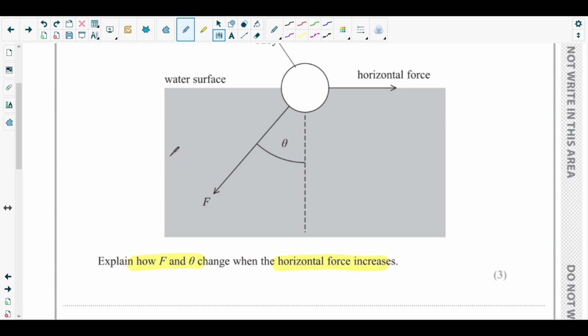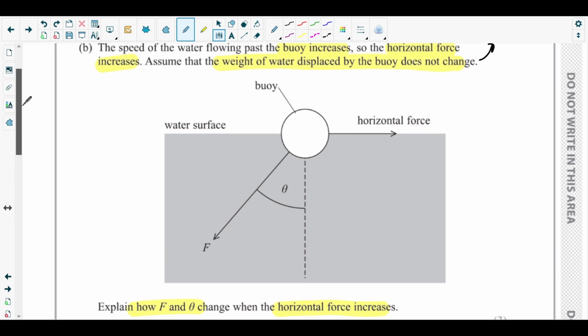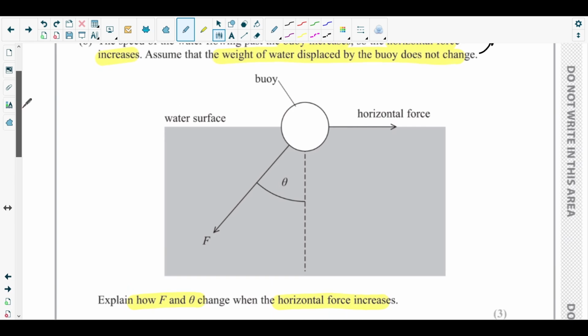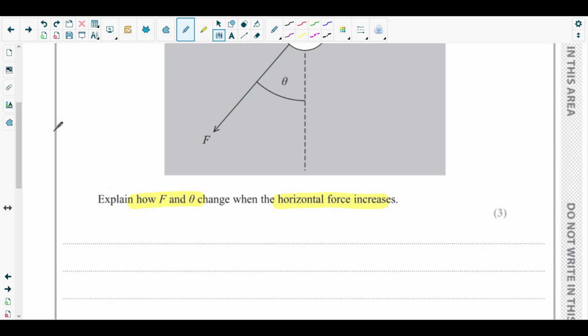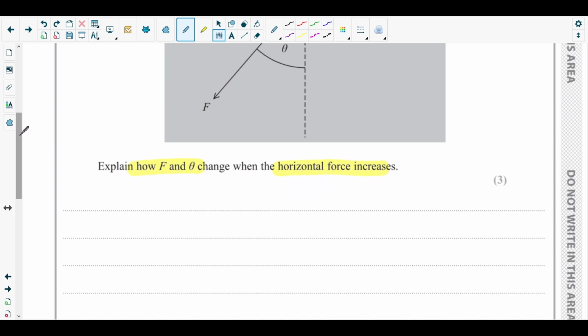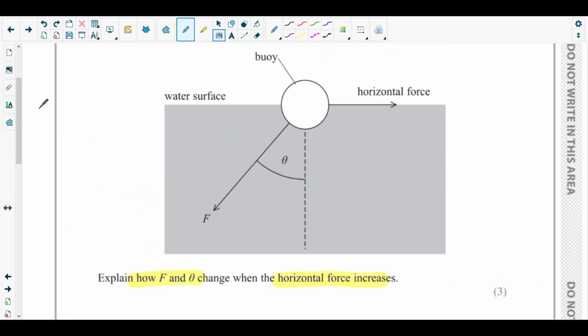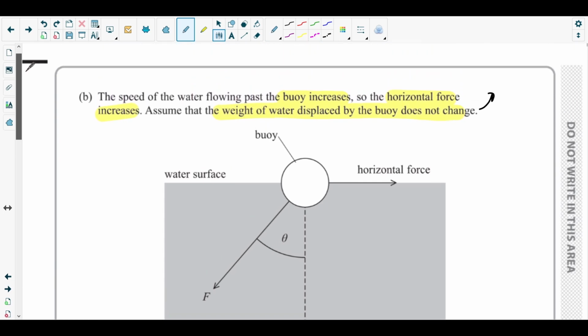In that case, we know that the buoy has to be at rest, that is in equilibrium. So if the horizontal force increases, then to keep the buoy at rest, the horizontal component of force F should also increase, right? But first we need to consider one thing.